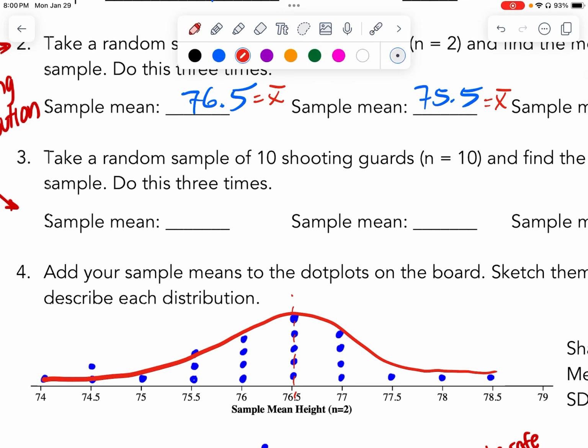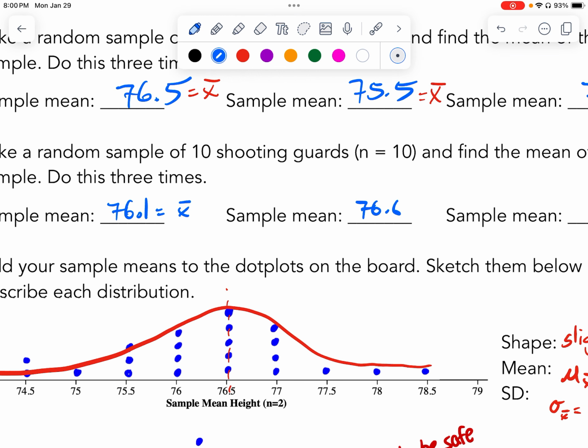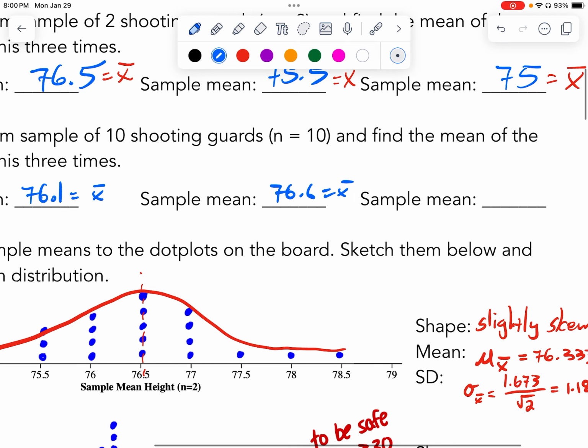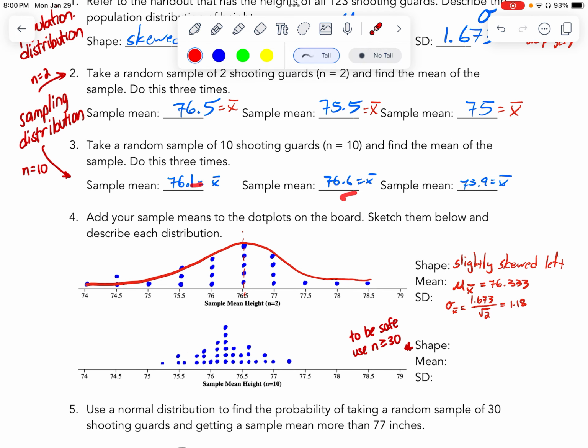I have 3 samples from students from previous classes, 76.1, 76.6, these are just placeholders really, and then 75.9, okay? And then everyone is going to take their 3 samples. They're going to come to the board and put dots on the board. Sorry for my scratchy throat.